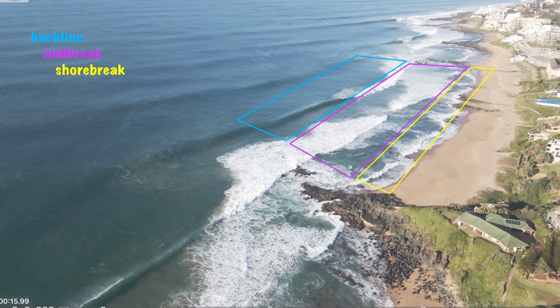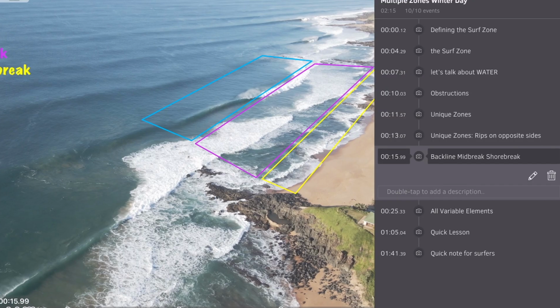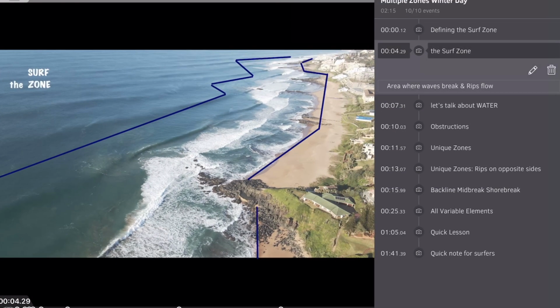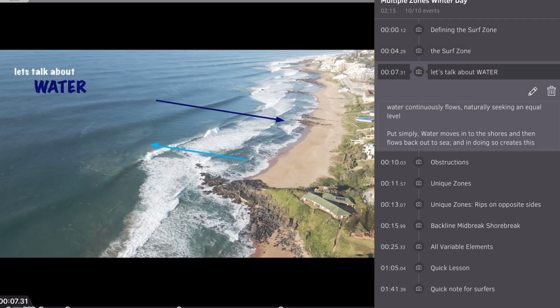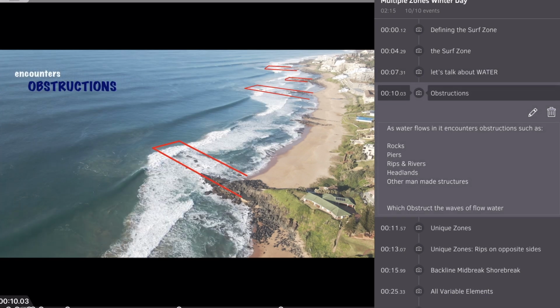I think it'll be important to just do a little recap. So we look at the surf zone as a whole. It's defined as the area where waves break and rips flow. Okay, cool. Remember, water is what we're dealing with in the ocean, and the characteristics of water, that it continuously flows, naturally seeking an equal level. As it flows into our beaches and bays, often water will encounter obstructions, and these obstructions obstruct the flow of water.